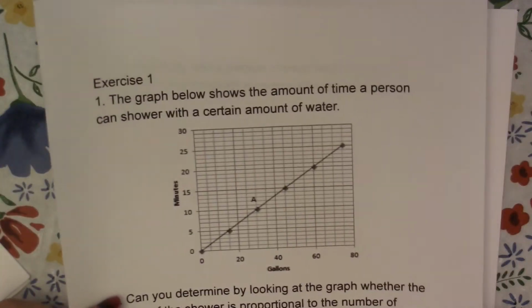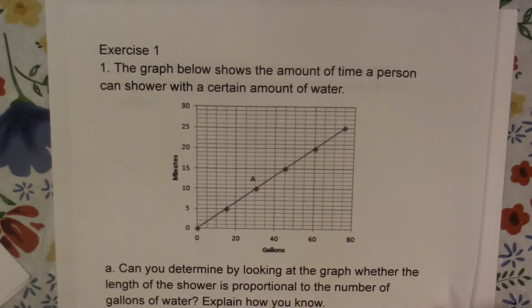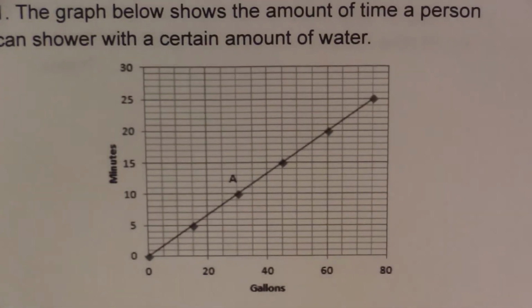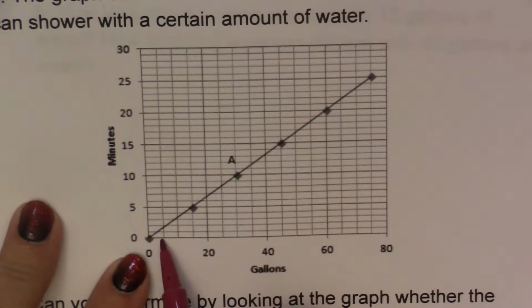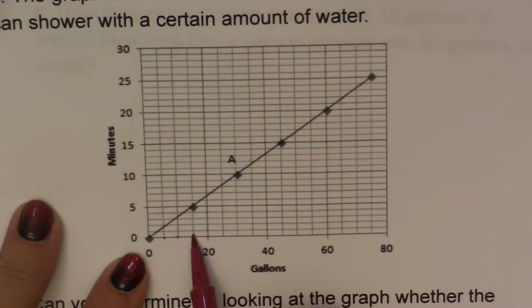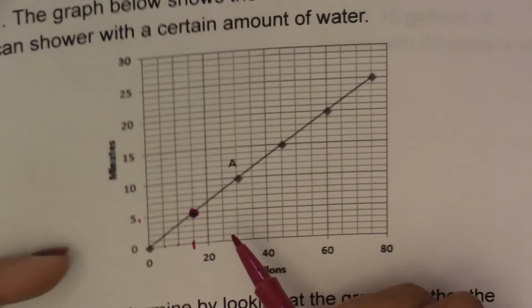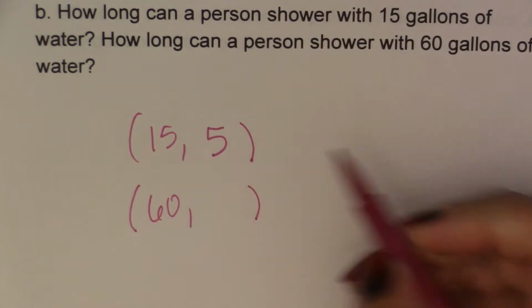So I'm going to go back to my graph. I'm going to try to zoom in just a little bit here. All right, so if we go over, I notice that these are counting by 5, so 5, 10, 15. So this point right here would be that first point. So it'd be 5 minutes. So my point would be 15, 5.